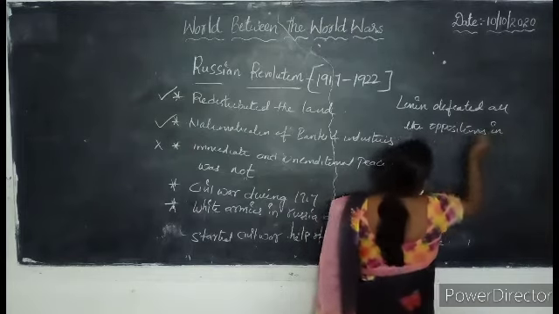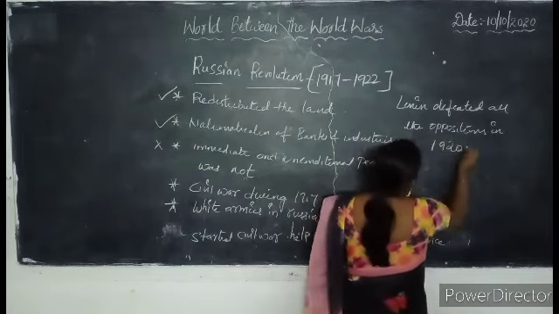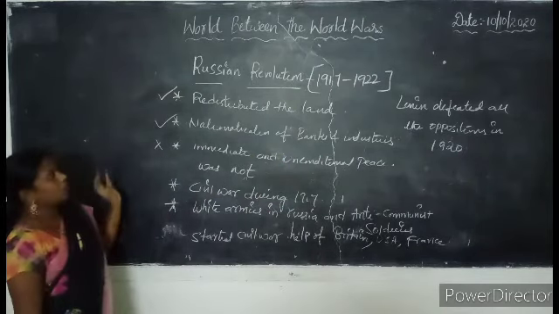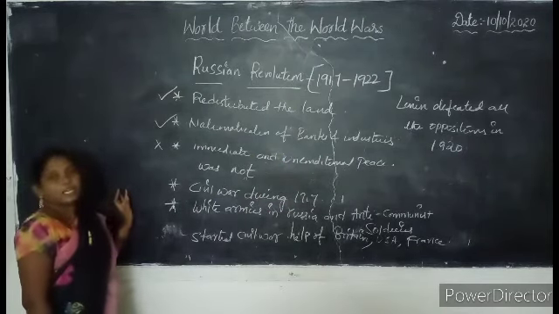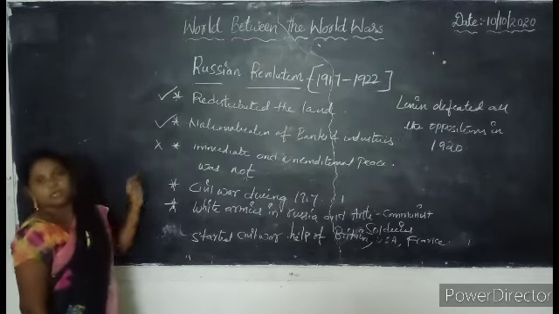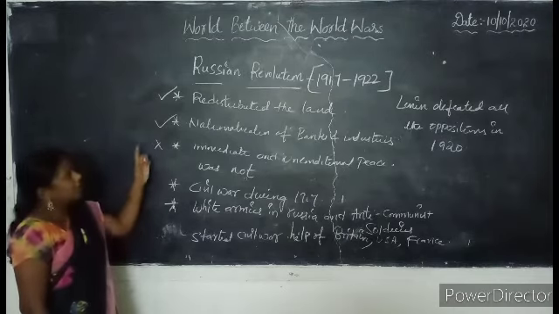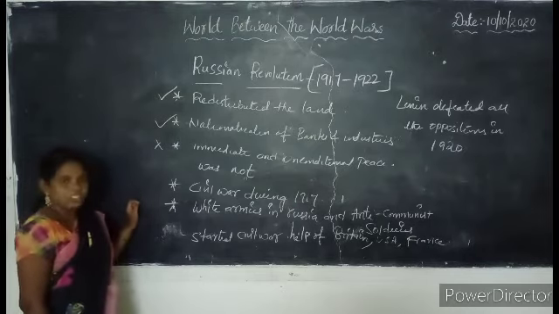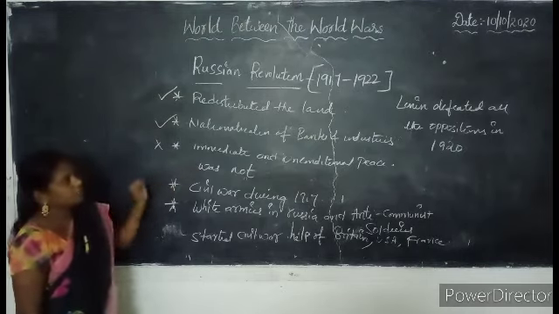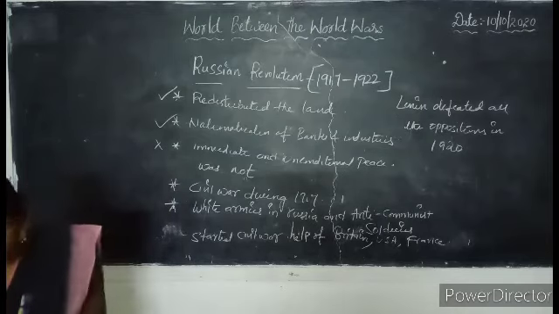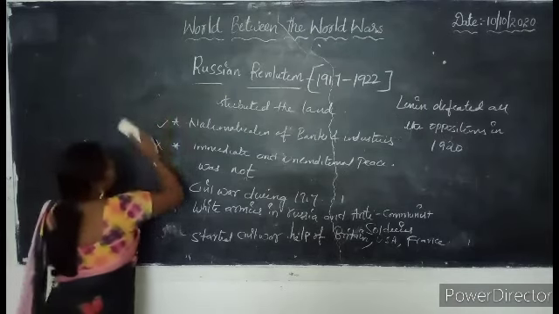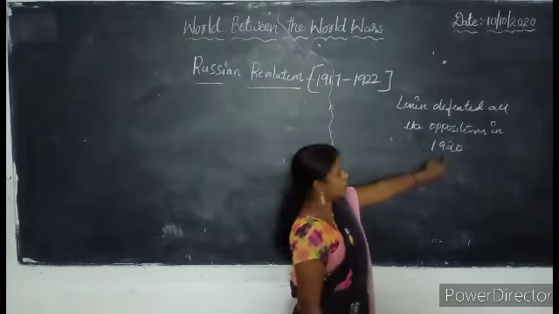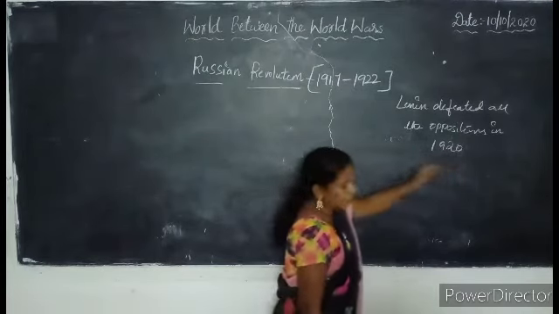So this is about Vladimir Lenin, who started the Bolsheviks and how he promised the society of Russia, as we have seen. Next thing, Lenin defeated all the oppositions in Russia in the year 1920.